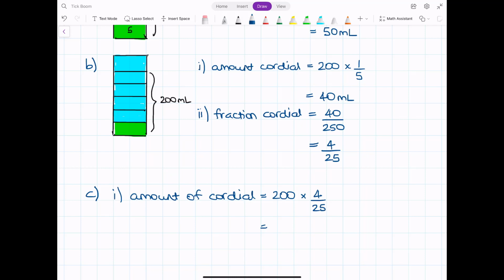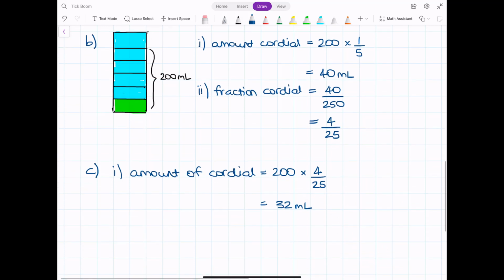If we type 200 times 4 over 25 into our calculator, we get 32 mils as the amount of cordial.